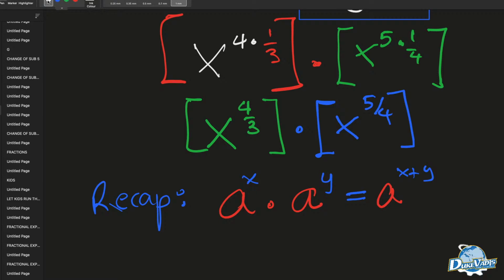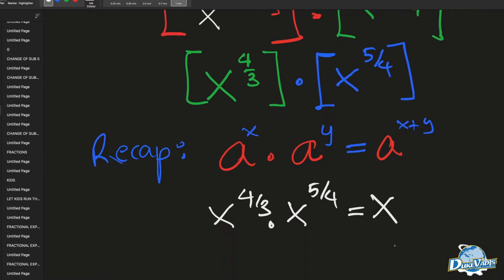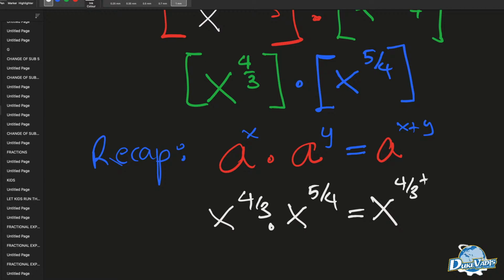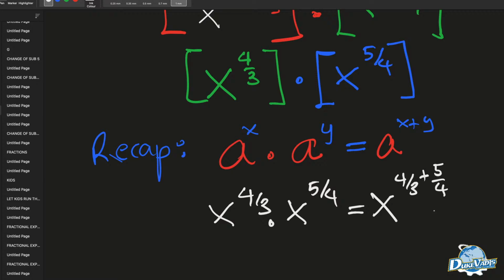So now our expression, which is given as x to the 4 over 3 times x to the 5 over 4, can be written as x raised to the power 4 over 3 plus 5 over 4. Have you seen it? The top one is nothing but a fraction.